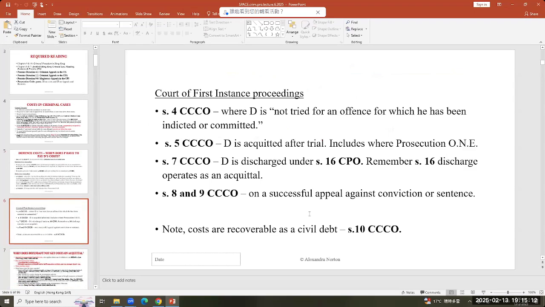And similarly, some provisions as well in the court of first instance. Remember that if the defendant is committed to the CFI via the paper committal route, without a preliminary inquiry, then he has the right to apply for a discharge when he gets to the CFI under Section 16. And that would operate as an acquittal. So he would usually be awarded costs in that situation.